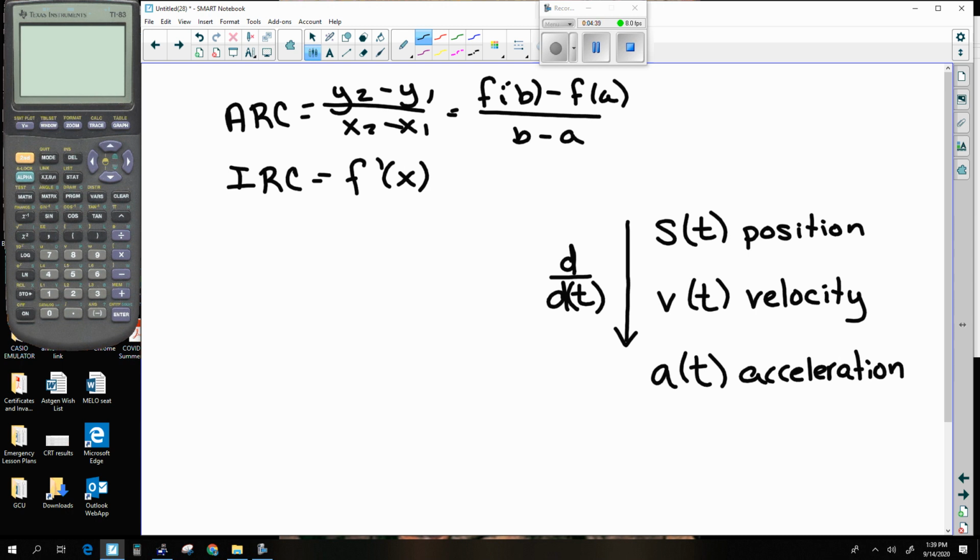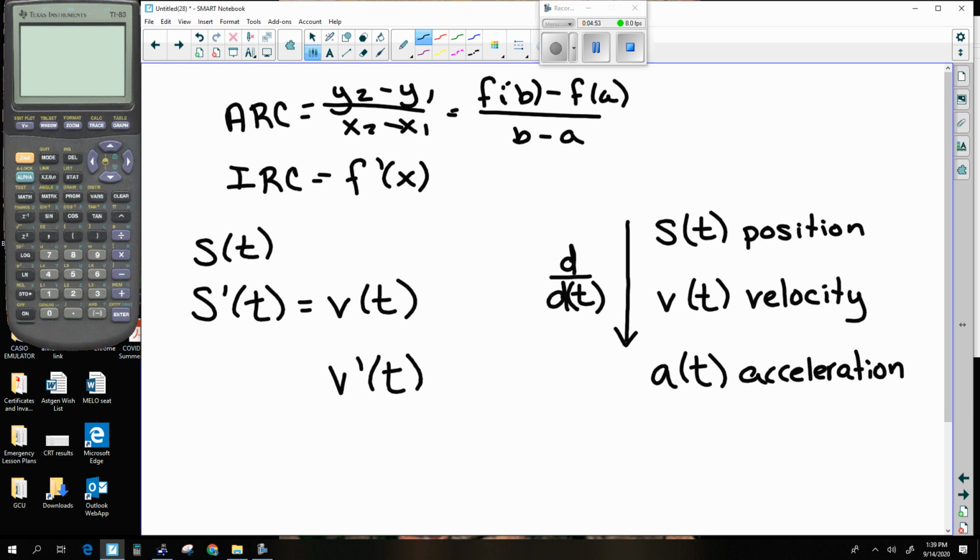So for instance, the derivative of position is velocity. The derivative of velocity is acceleration. Putting it all together, the second derivative of position would be acceleration as well.